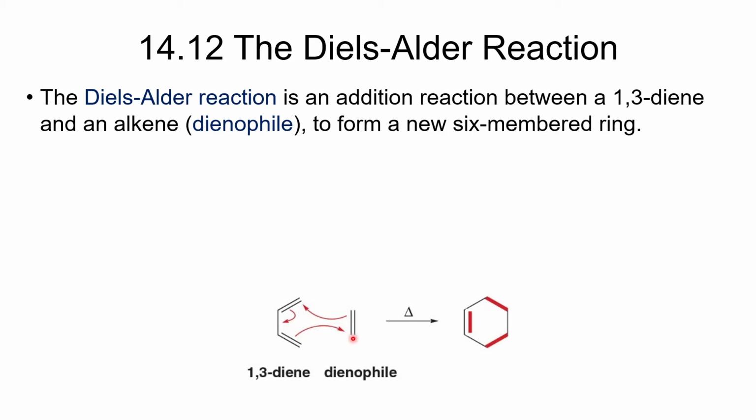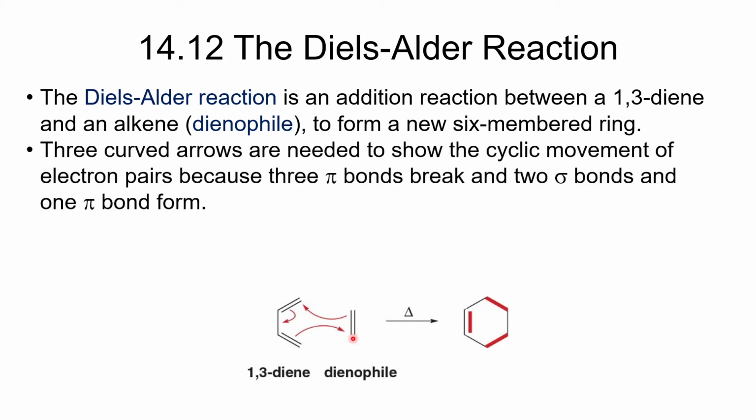So when this reaction occurs, we can indicate the movement of electrons by using the curved arrow notation that we're quite familiar with. I typically will draw it in the same counterclockwise manner, but it turns out it doesn't really matter. You could do clockwise or counterclockwise. You're going to get the same thing. The important thing is to draw the arrows from the right place to the right place.